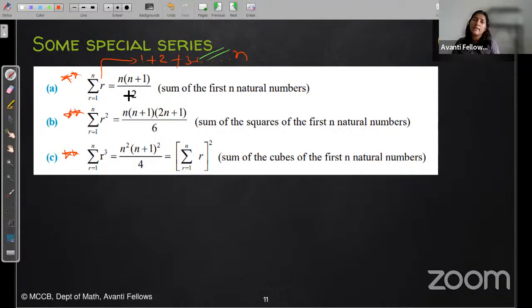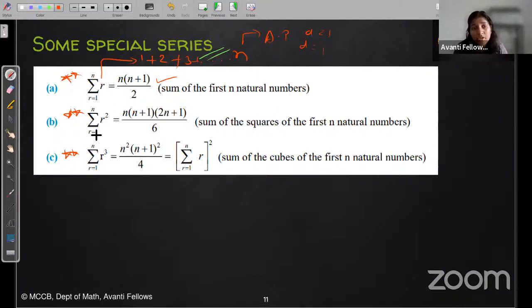How did we actually get this n into n plus 1 by 2? You might be wondering, right? Well, you can observe this is nothing but an AP with first term equal to 1 and common difference equal to 1. Just make use of the sum of n terms of AP formula, and you will get this, right? You don't need to derive that, just remember it, that's more than enough.